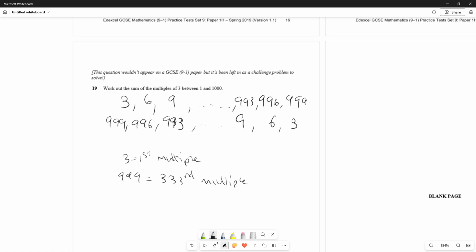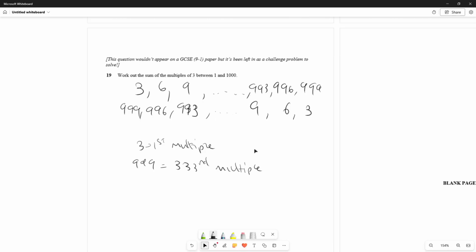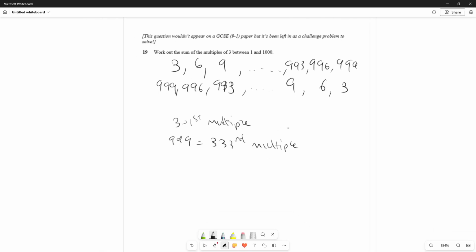That means that 333 times we will be adding these values. So 333 times this sum, 1002. But we also have to divide by 2 because we have doubled the amount of numbers we're using. That is equal to our answer.